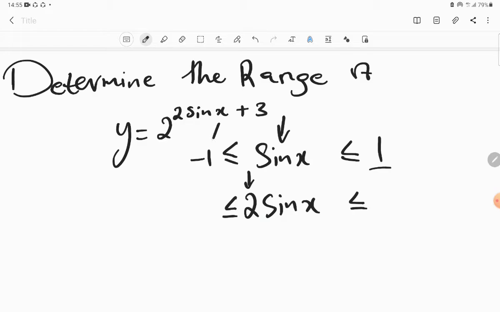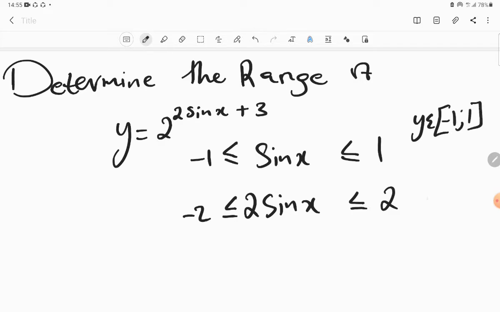So we multiply this by 2 to get -2, and here we multiply by 2 to get 2. All these y values will be affected, so we have this new range. The range of the first equation is y is an element from -1 to 1, and this one is y is an element from -2 to 2.